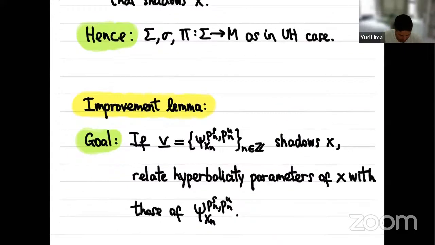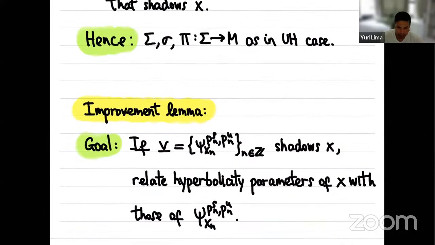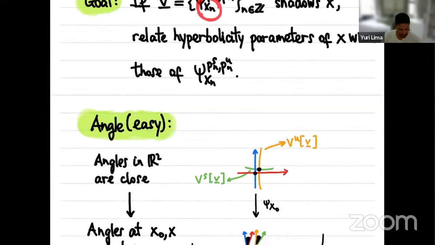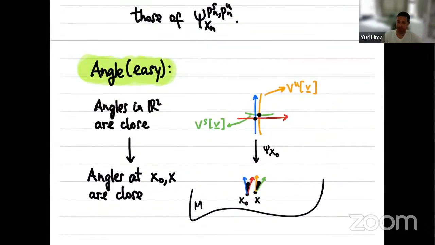The first natural question would be, for example, how can you compare the angles of the unstable directions of X with the angles of the invariant directions at X0? Well, analyzing the angles is easy.